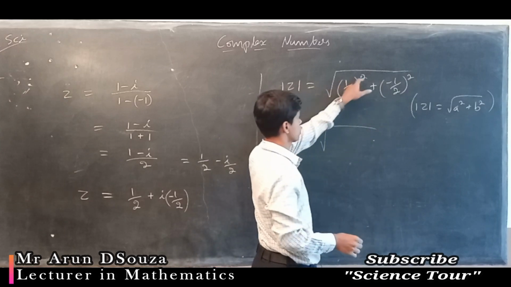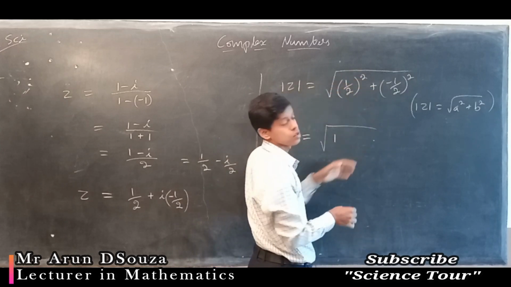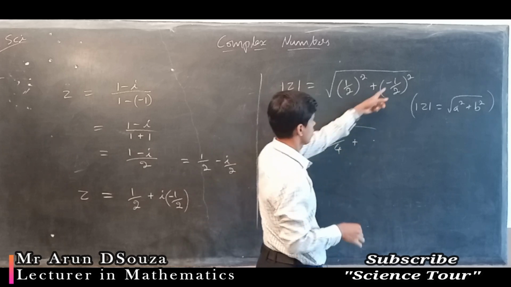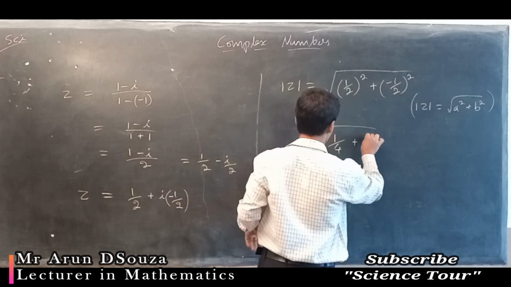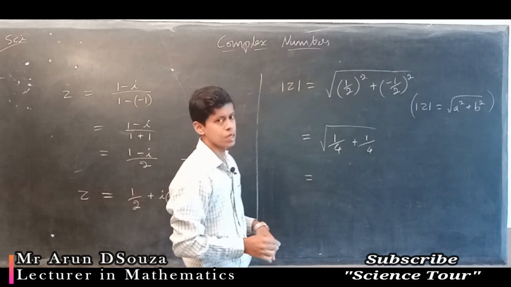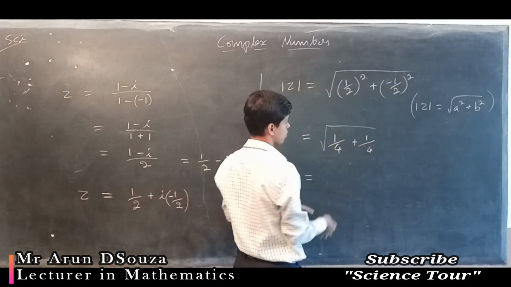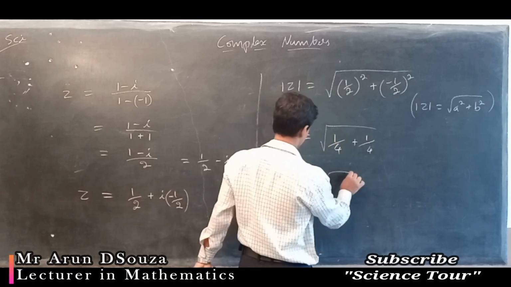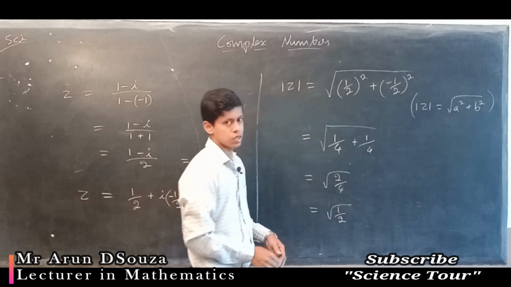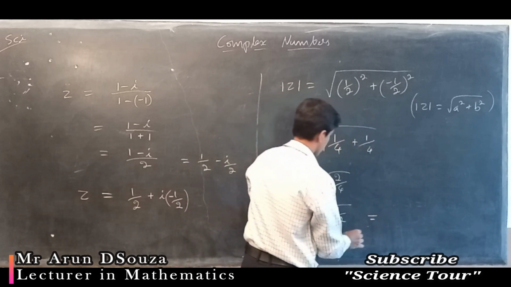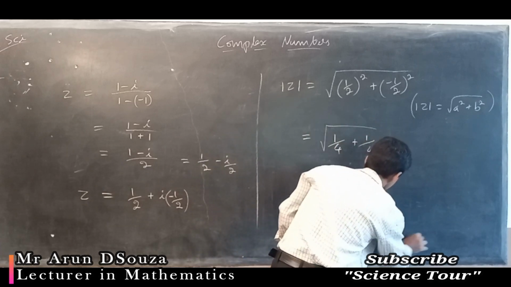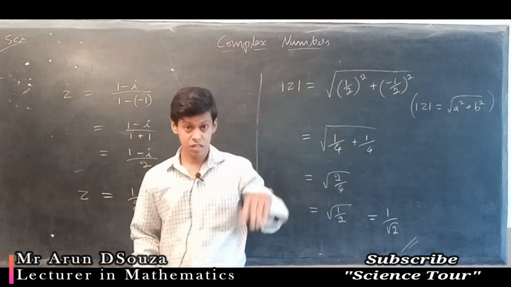Half square: 1 square is 1, 2 square is 4, plus minus 1 square is 1 divided by 2 square is 4. So 1 by 4 plus 1 by 4, LCM is 4, so 2 by 4. 2 by 4 means 1 by 2, correct? Square root of 1 is 1 and square root of 2 is root 2. So that's the answer we got using the first method also.